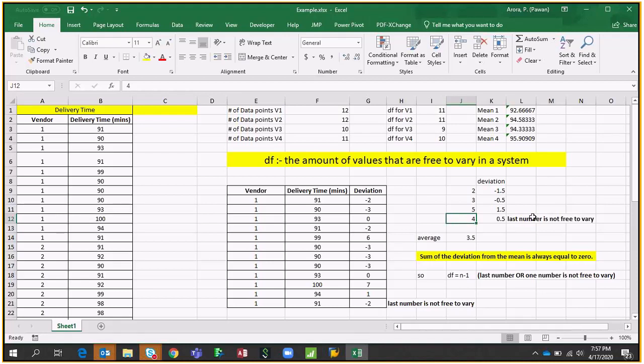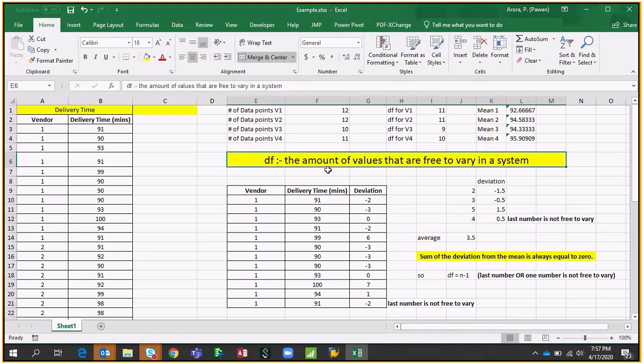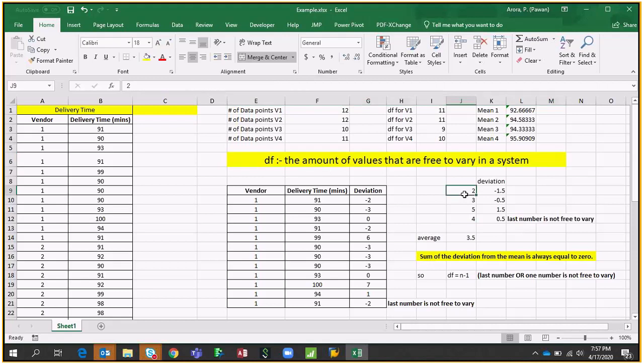And the degrees of freedom, if you see the definition, is the amount of values that are free to vary in the system. If I assume these four values are a system, and out of these four data points the last one is not free to vary, how many degrees of freedom will I have? This will be 3, right? Because the last number is not free to vary, correct?